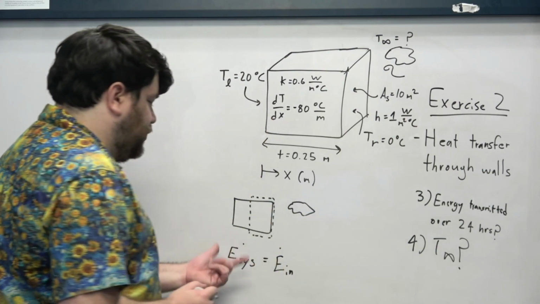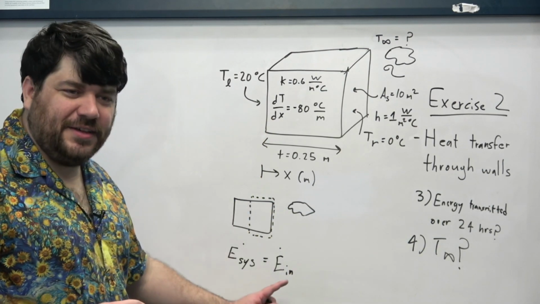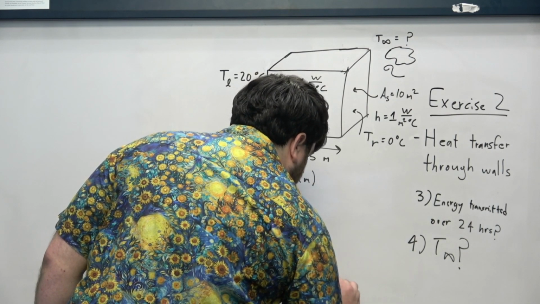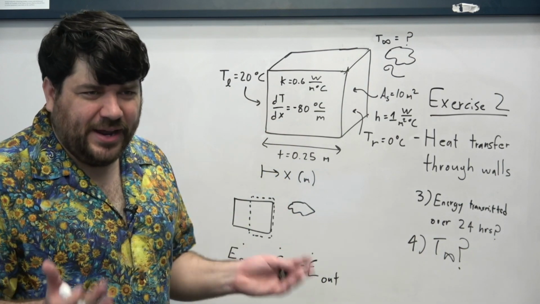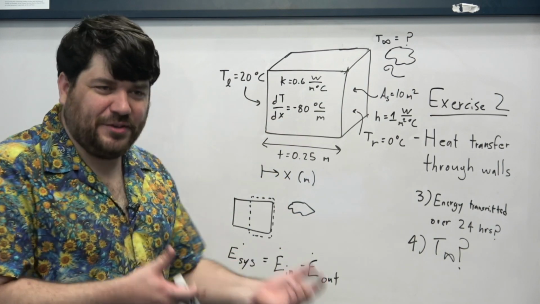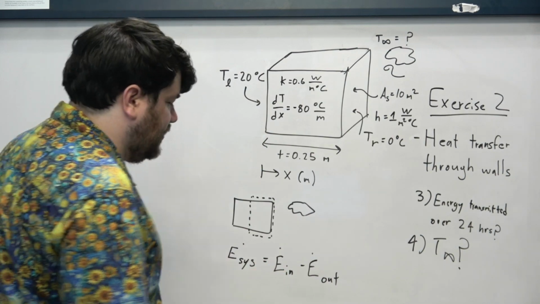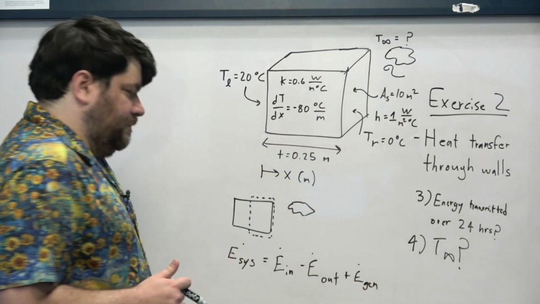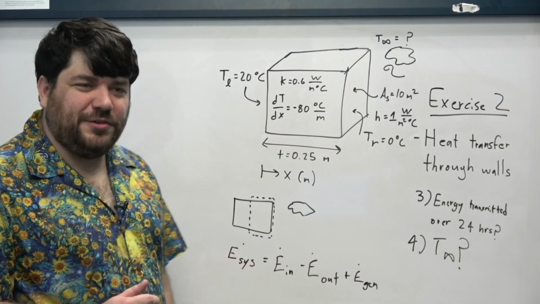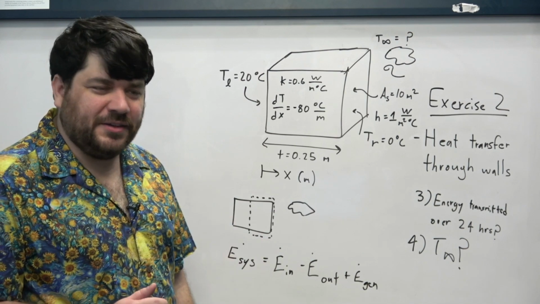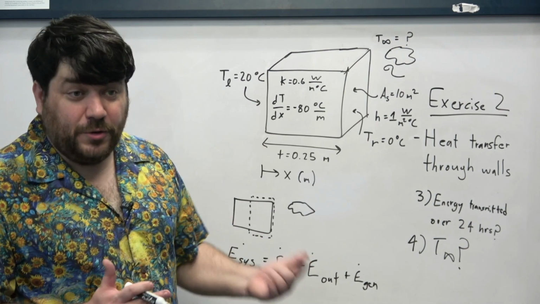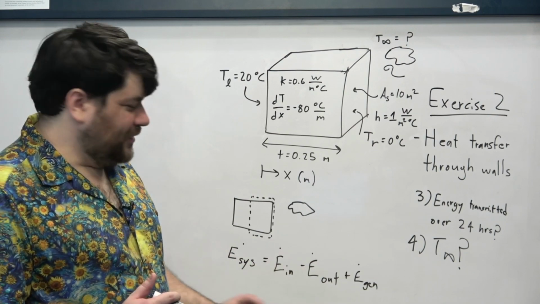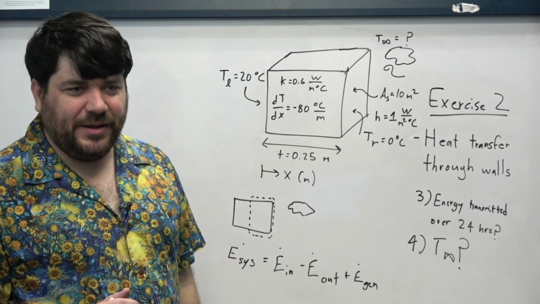That rate of change has to be equal to the rate at which energy flows in, minus the rate at which energy flows out, plus the rate at which we generate energy.